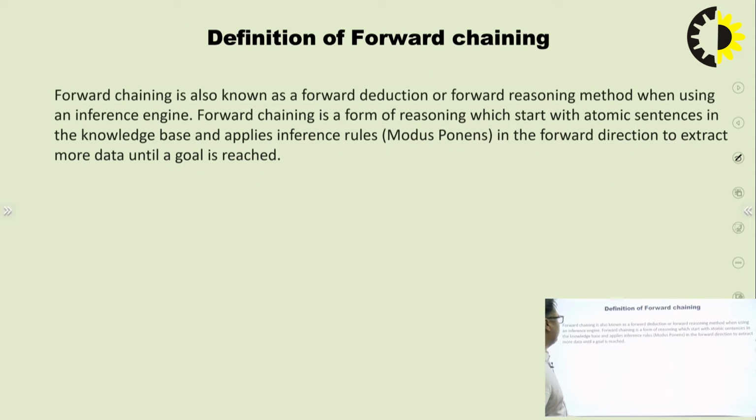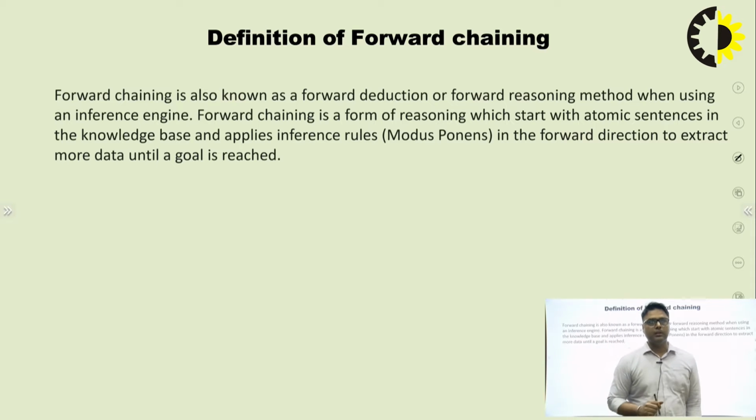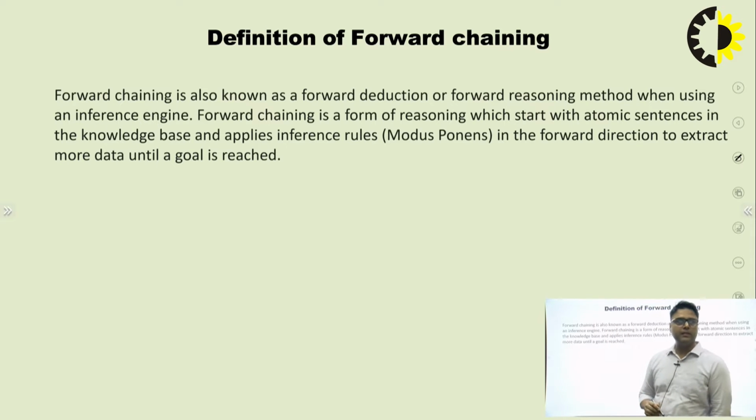What is forward chaining? Forward chaining is also known as forward deduction or forward reasoning method when using an inference engine. Forward chaining is a form of reasoning which starts with atomic sentences in the knowledge base and applies the inference rules in the forward direction to extract more data until a goal is reached.